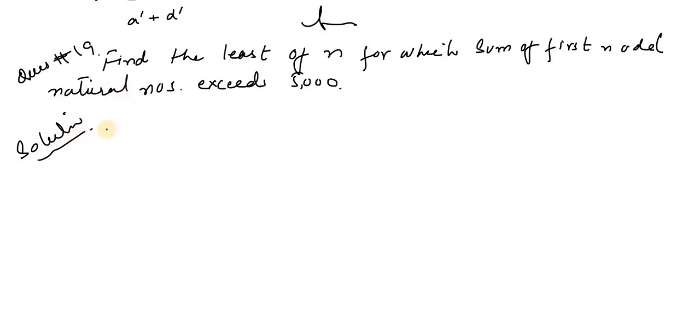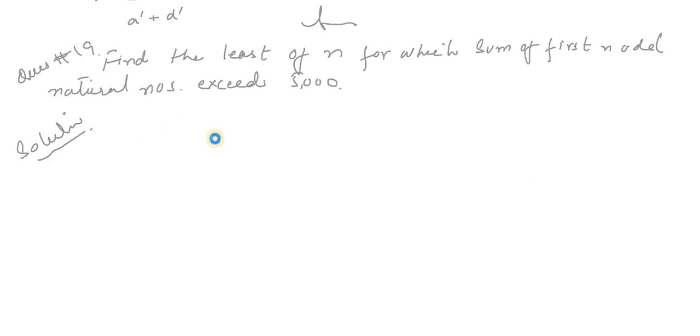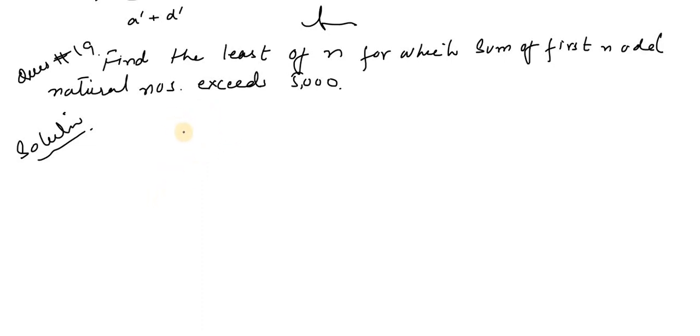The odd numbers are 1, 3, 5, 7, 9 and so on.